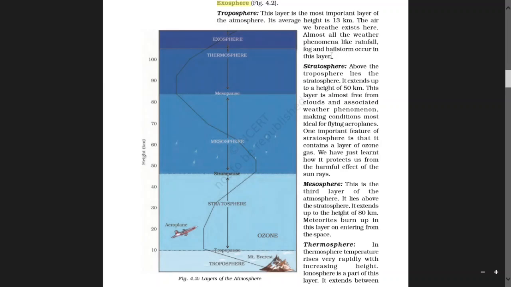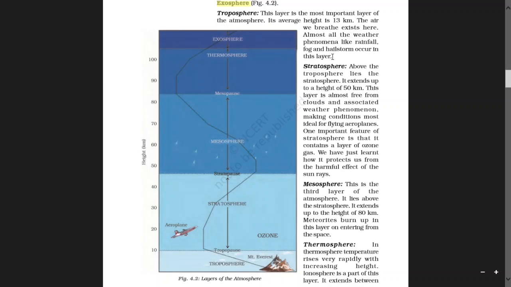So all weather phenomena such as rainfall, fog, and hailstorm occur in the troposphere only. Okay, so boys, if anybody asks you to explain about troposphere, you have to write this paragraph.